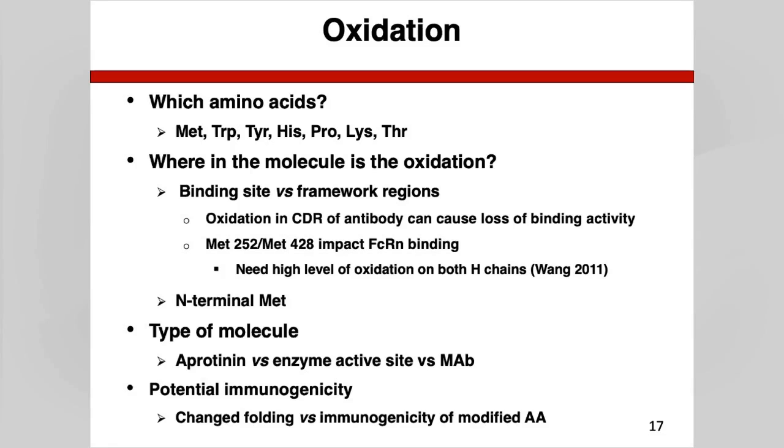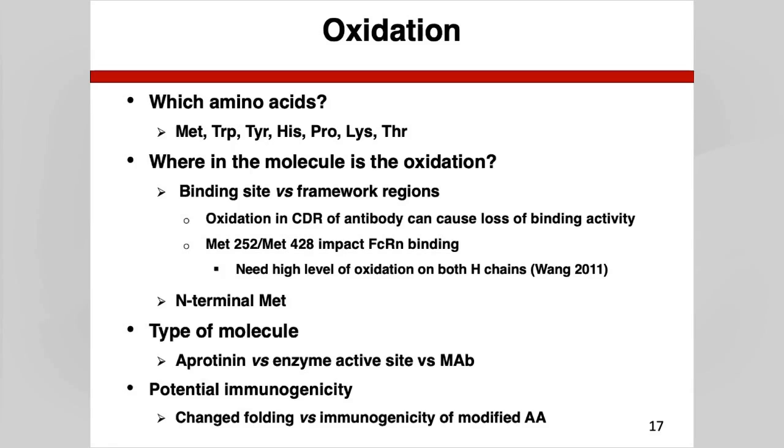Where in the molecule is the oxidation occurring? So again, is it happening in a binding site or in a framework region of the protein? We've seen that oxidation of an antibody in the binding regions of the antibody can cause a loss of binding activity.